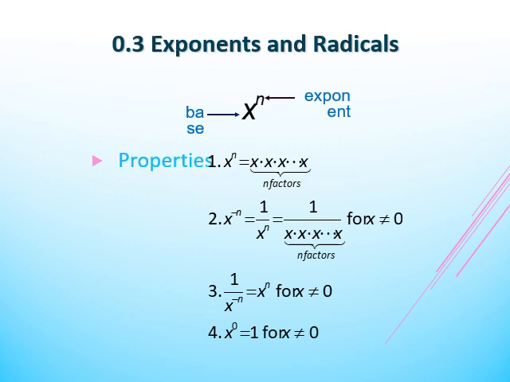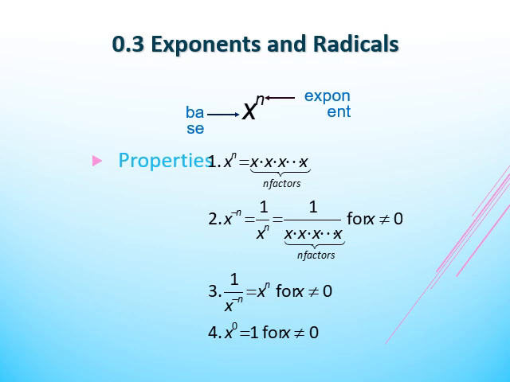Now, move to the third section in this chapter, which is exponents and radicals. Here, you may be familiar with exponents and radicals from other topics, but we have here some rules for the exponent.